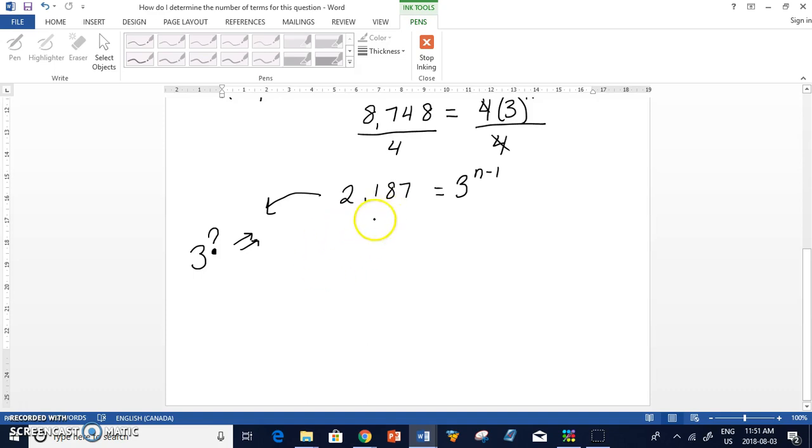And some numbers you'll just know. Otherwise, you can play around with taking roots, and this ends up being that the 7th root of 2,187 equals 3. Well, if you don't know that, how are you going to determine that?